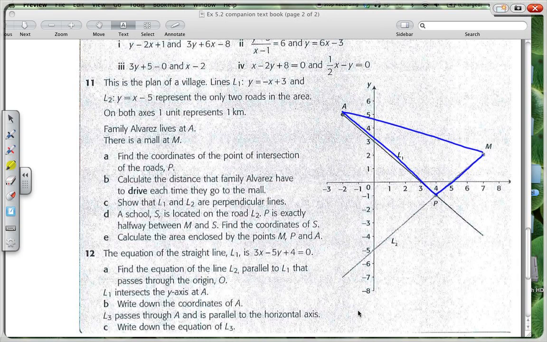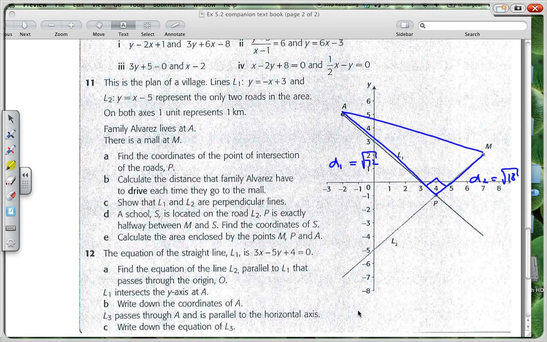So to do that, remember we've already worked out this length here is the square root, I think it was, of 72, was it not? And this length here, we called it D1, and this is D2, was the square root of 18. I think that's what we got.